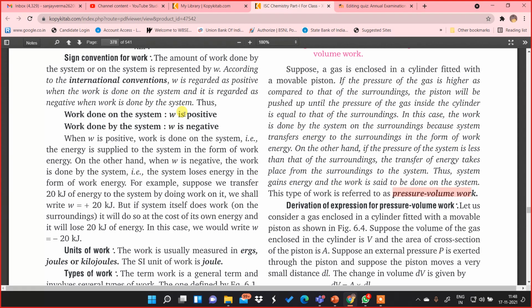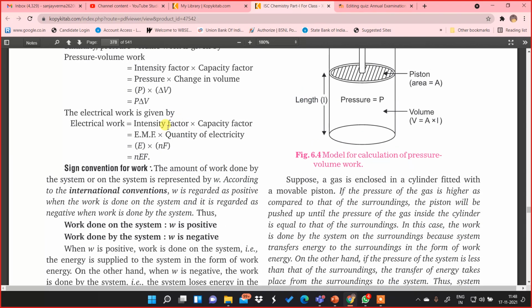W is positive. So if you are doing work on the system, then W is positive, but the entropy, the disorder in the system, what is happening? It is increasing, no? This is one sign convention.